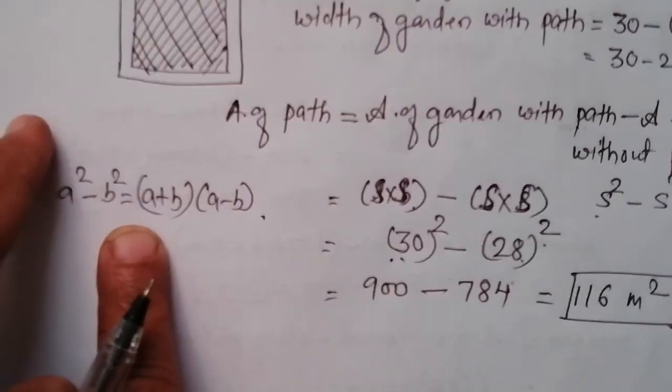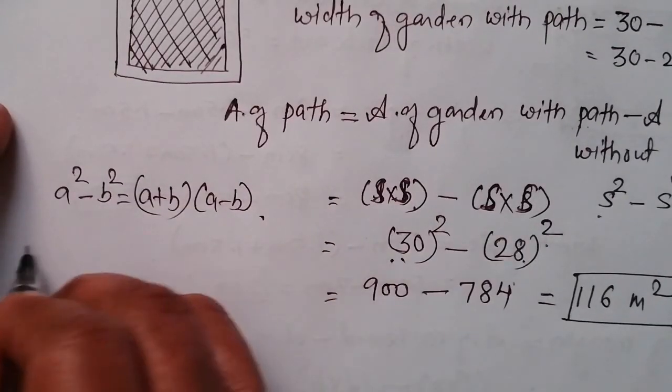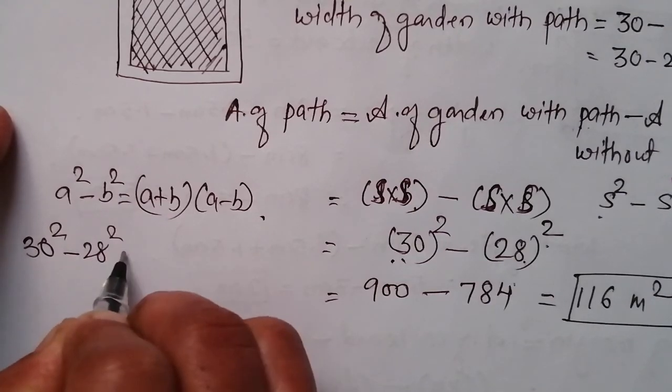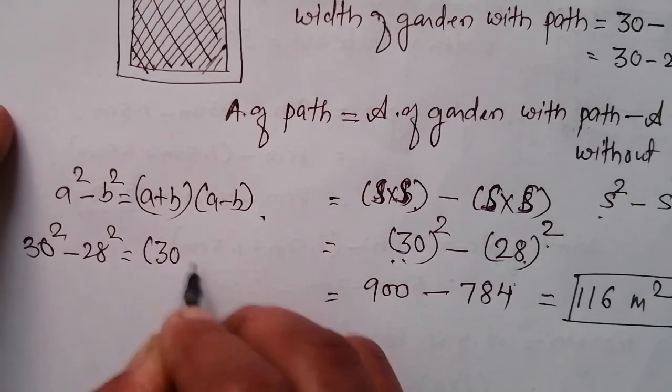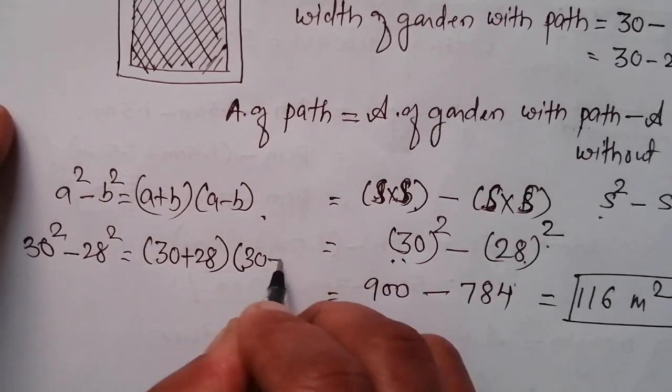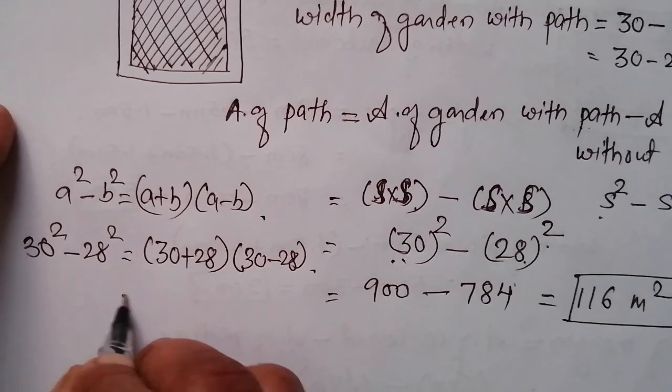If you use the identity, it is simple: 30 square minus 28 square means 30 plus 28, and 30 minus 28.